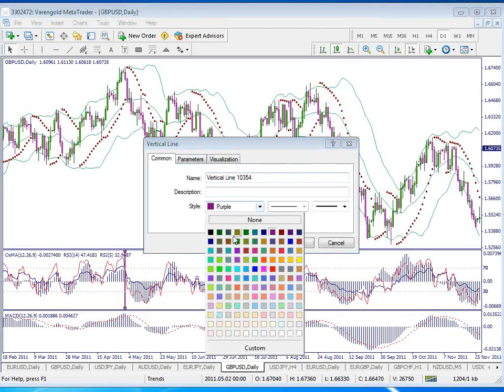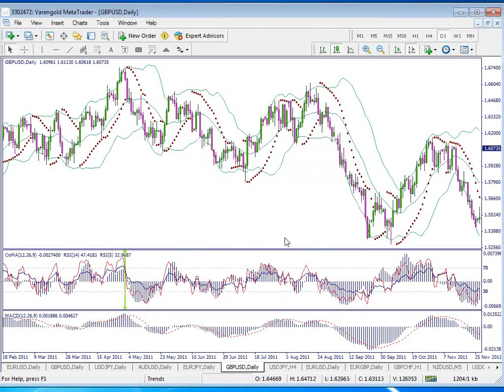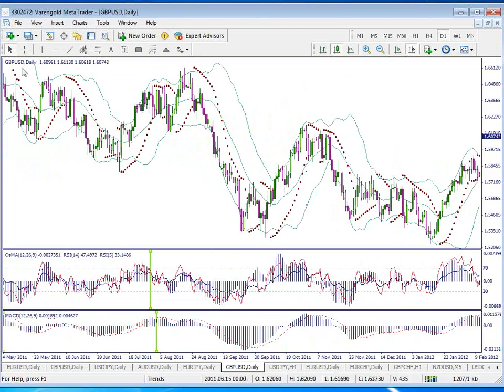You can do one exercise, counting how many signals we have also with the confirmation from MACD. And you will see that for all those signals, you will not need too much time to check the charts or so.